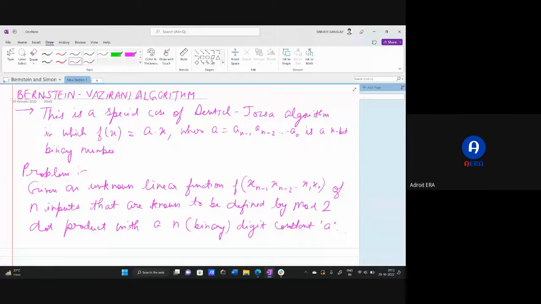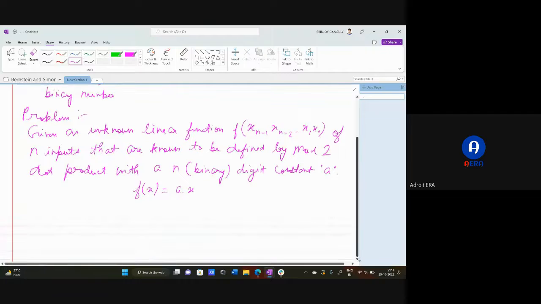That is a mod 2 dot product, where a is the constant. That is the problem statement. Therefore f(x) is equal to a dot x, which I defined in the statement above. And now it says find a.